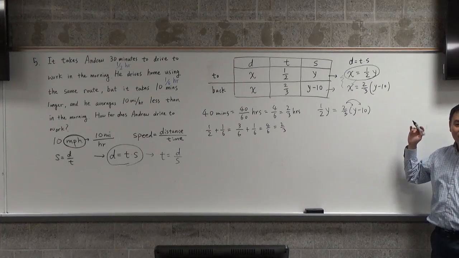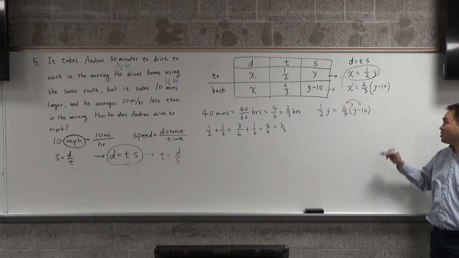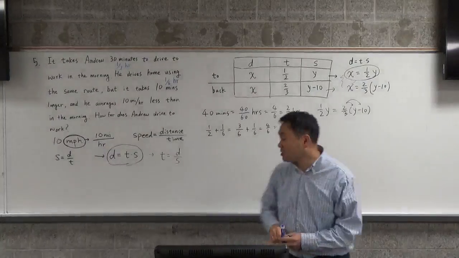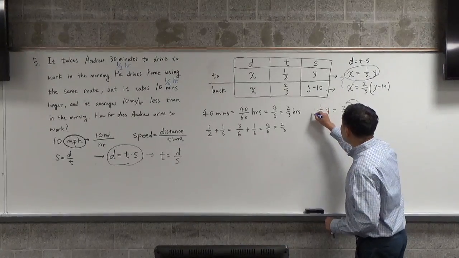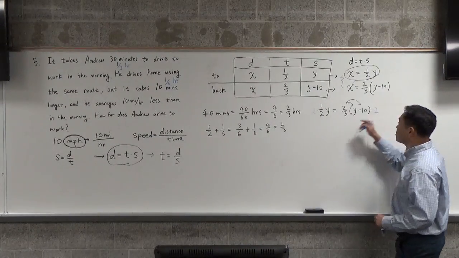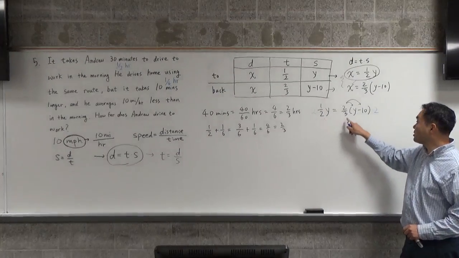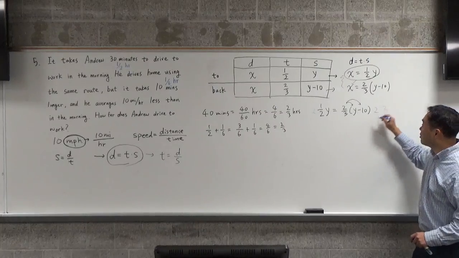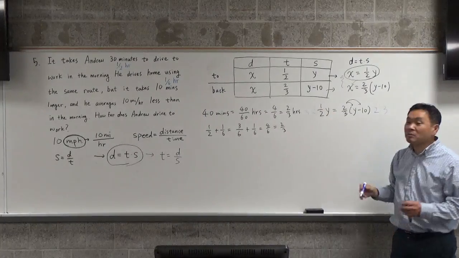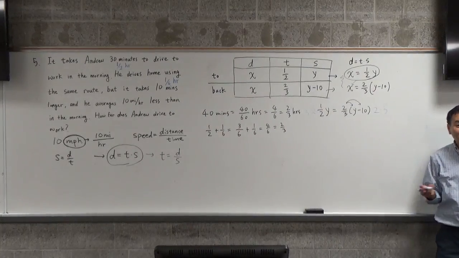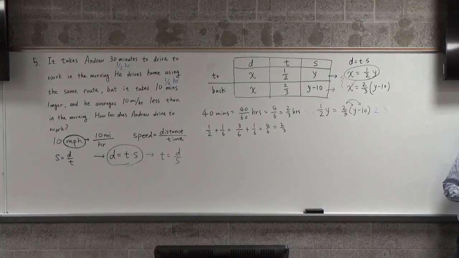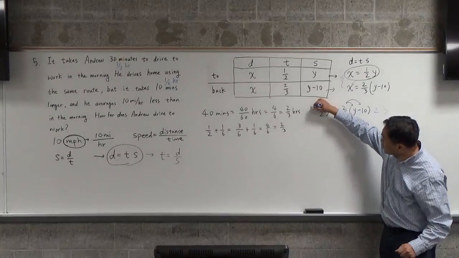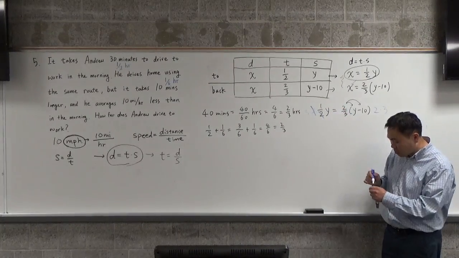You multiply by 2 to get rid of this 2, right? But I need to get rid of this 3. So what do I multiply by? 3 as well. So that's the same thing as multiplying by 6. That's the answer I wanted. Okay? If you do that, then the denominators disappear. So this 2 is going to cancel that one, leaving you with 3.